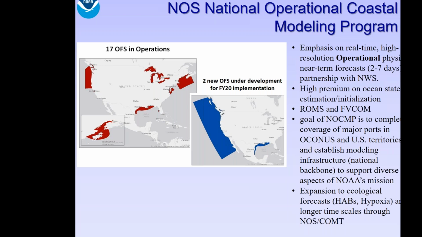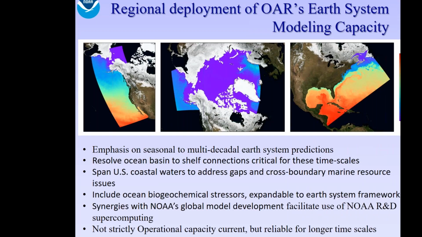But MOM6, because of the way that we can take long steps with tracers, makes it a really good candidate for answering a lot of questions that are needed on the fisheries side. So our emphasis here, and this is something that is being funded now with the Climate Fisheries Initiative, is to develop a series of regional basin scale configurations of MOM6.